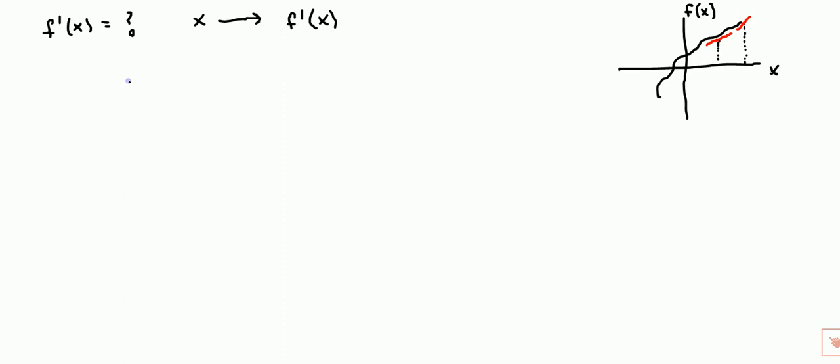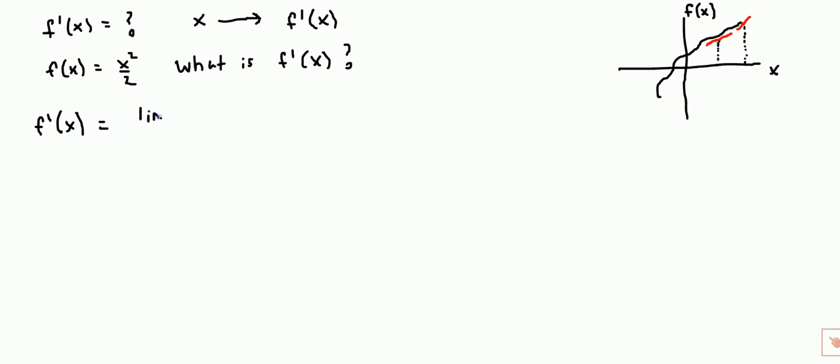Okay, so let's think about the last function that we just looked at, f of x equals x squared over 2. Okay? What is f prime of x? How do we find it? We're going to use the limit definition of the derivative, okay?